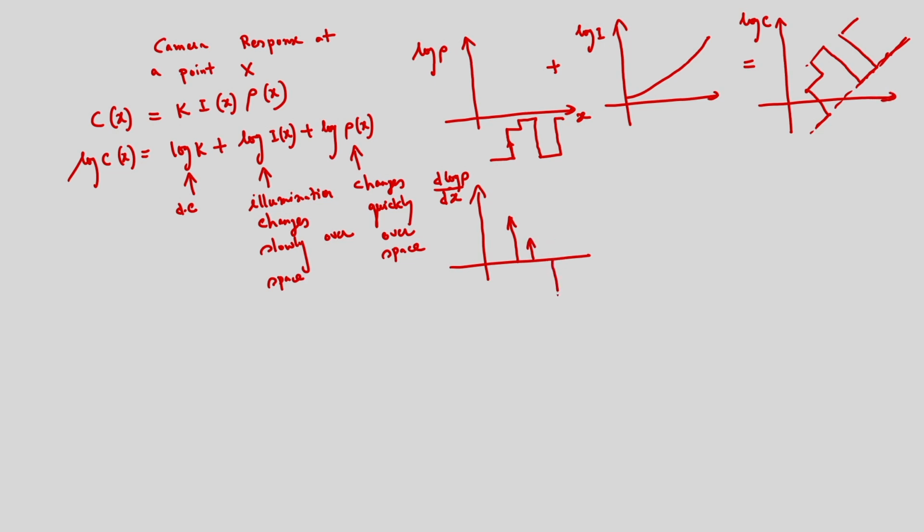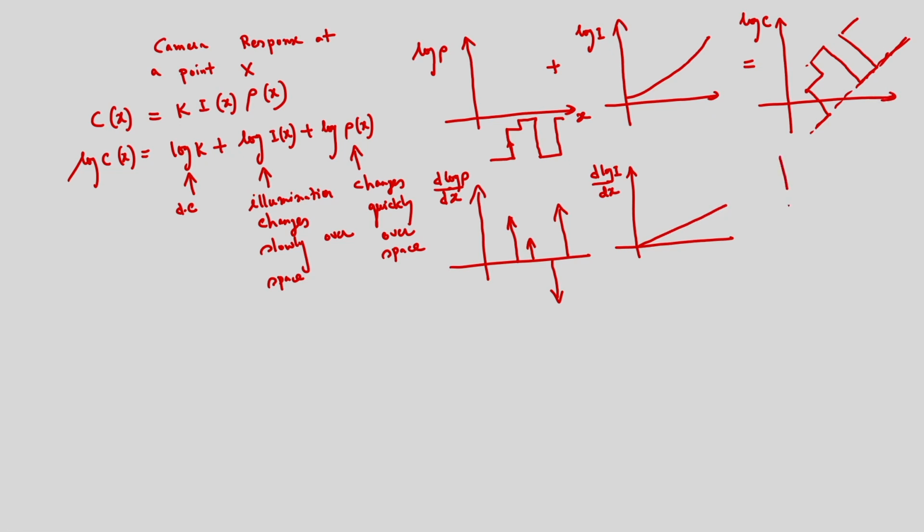Next one is on the negative side, I have another jump. So I will be getting this one, that is d log rho divided by dx. And corresponding to this, if I take the differentiation of d log I divided by dx, then I will be getting something like this.